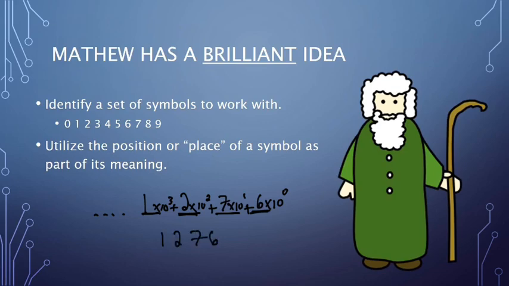So we can get rid of the times 10 plus stuff. It's implied by the scheme itself. So 1,276 sheep can be represented then with these 4 symbols or digits. So now with just 4 symbols, Matthew can represent a lot of sheep. All right, so this is great.